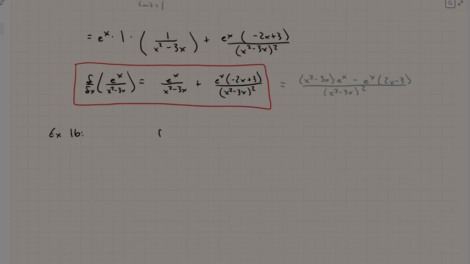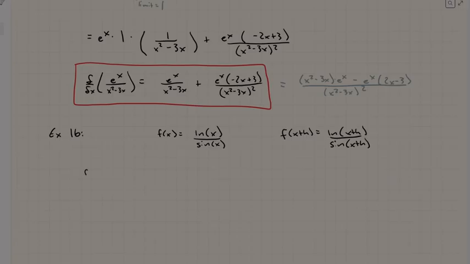Example 16. Use the limit method. Find the derivative for our f of x equals ln of x over sine of x. If that's our f of x, then our f of x plus h would just be ln of x plus h over sine of x plus h.